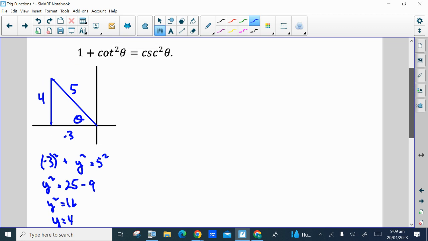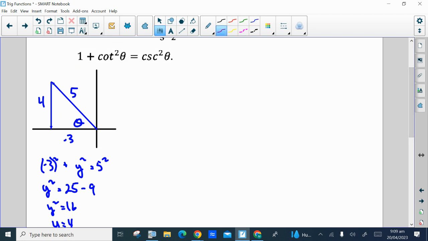So again, we want to show that that identity is true. That 1 plus the cotan squared theta equals the cosecant squared theta.